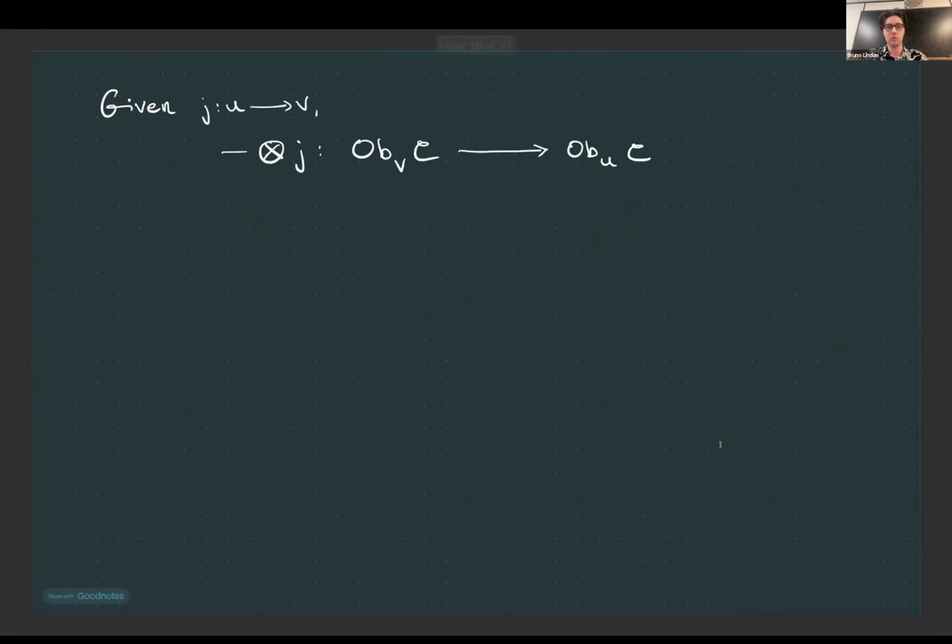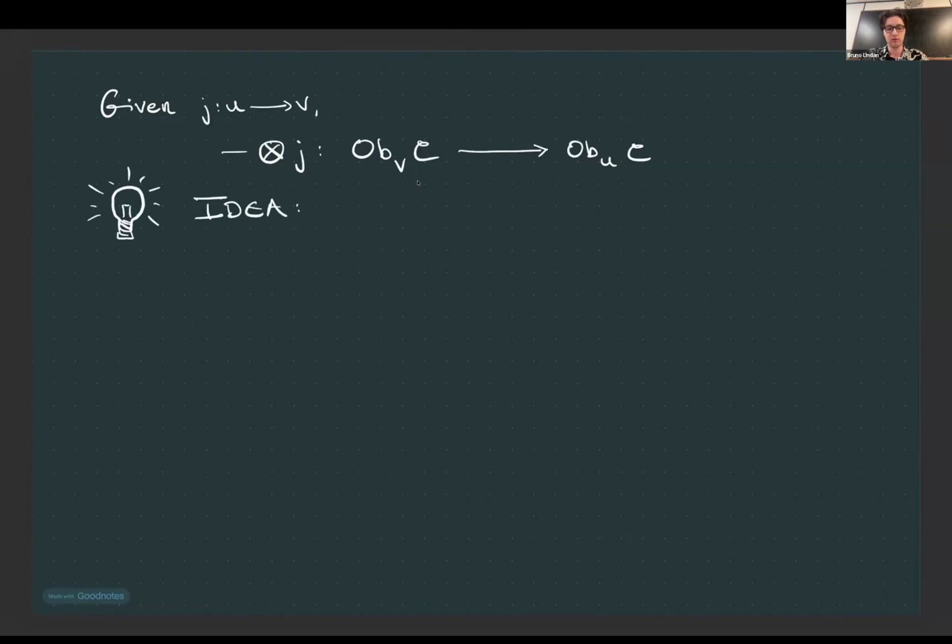So the point is that if my W category C has tensors, or maybe just tensors in a certain class, so I pick a particular class of arrows in W and ask for tensors by all of those, then each such tensoring operation gives me a function from objects over V to objects over U. Okay.